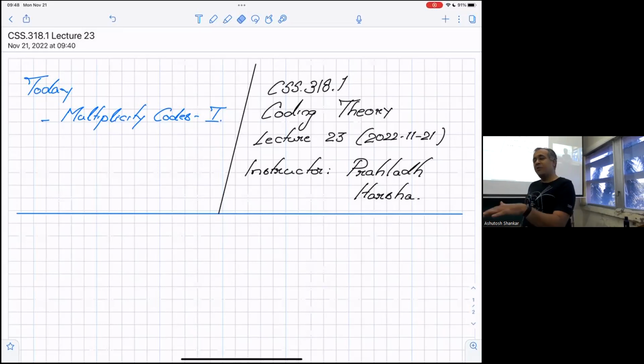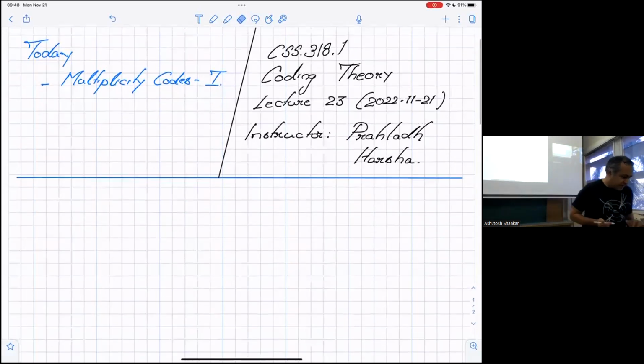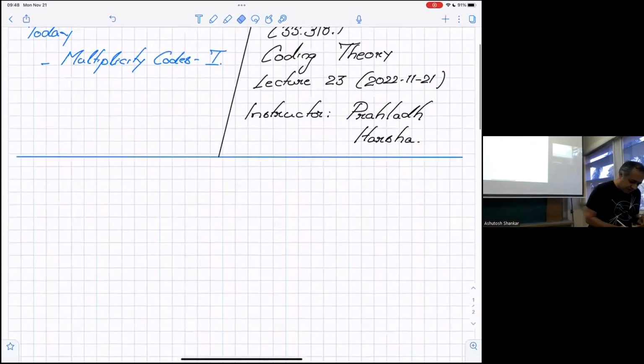The code was originally forged in the smithy of Kopparty, Shubhangi Saraf, and Sergey Yekhanin. We will recreate the aura and sit back and watch the power of the code over the next few weeks. Okay, so let's get started. Let's recall what Reed-Solomon was, the two polynomial-based codes that we have.